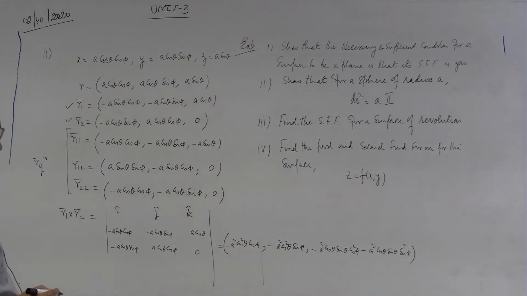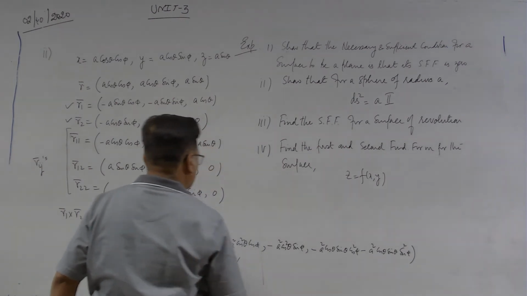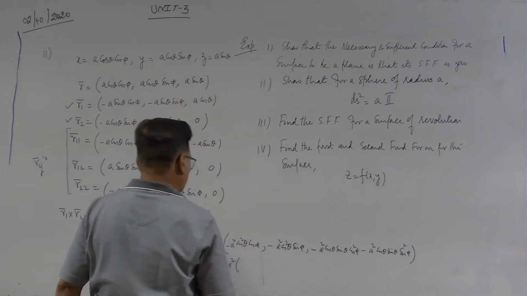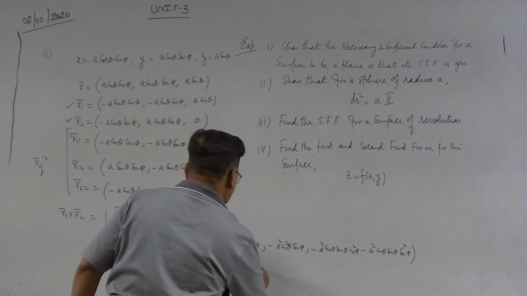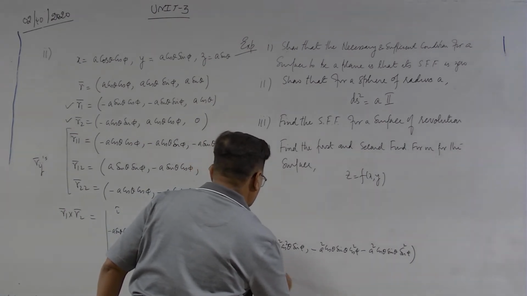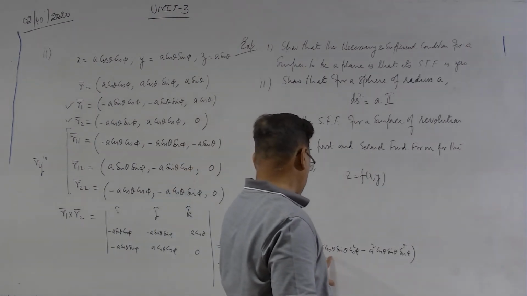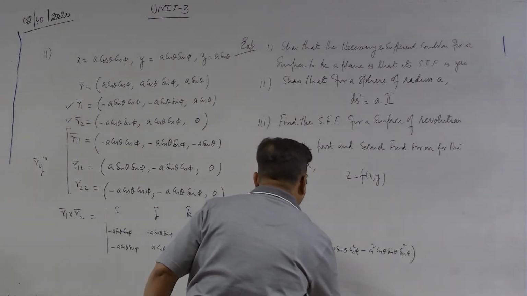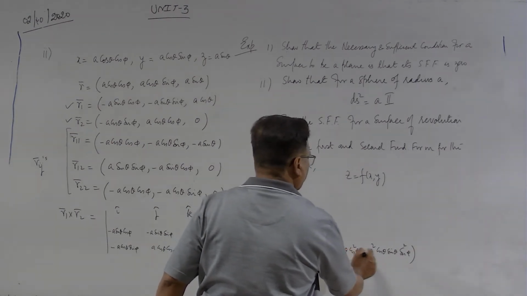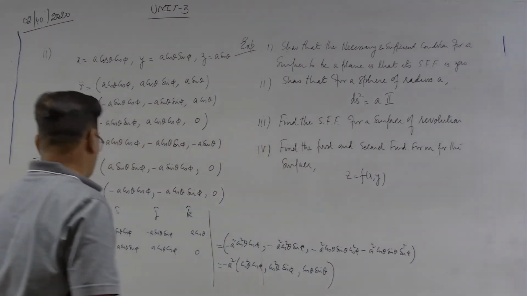Okay, a square you can take out. Minus also you can take common. So, this is cos square theta cos phi, and this is cos square theta sin phi. So, this cos theta sin theta you can take common, and that will give you cos square phi plus sin square phi, which is 1. So, this is R1 cross R2.